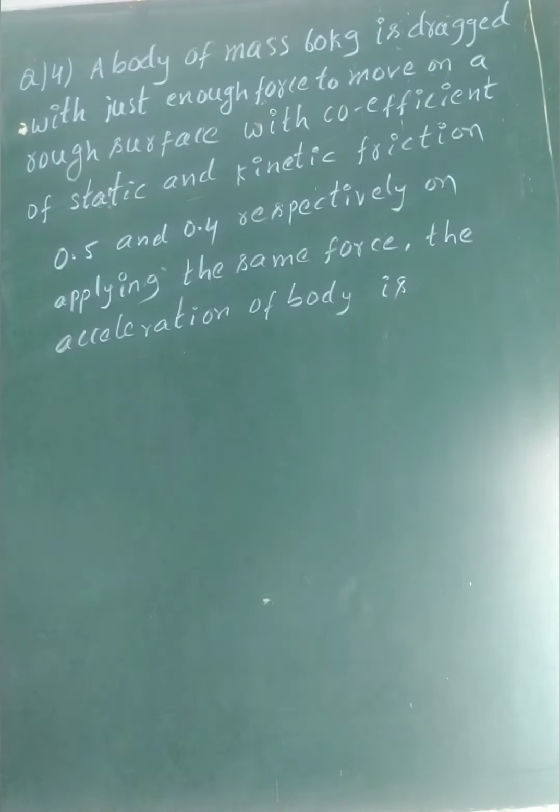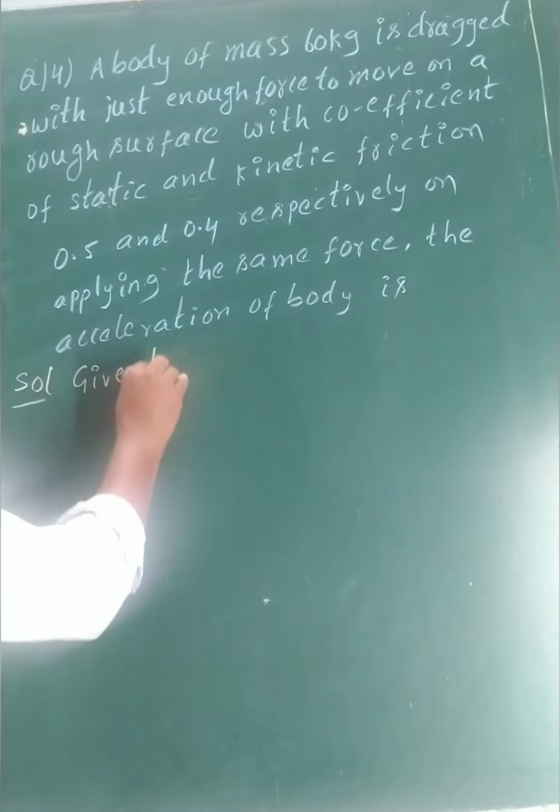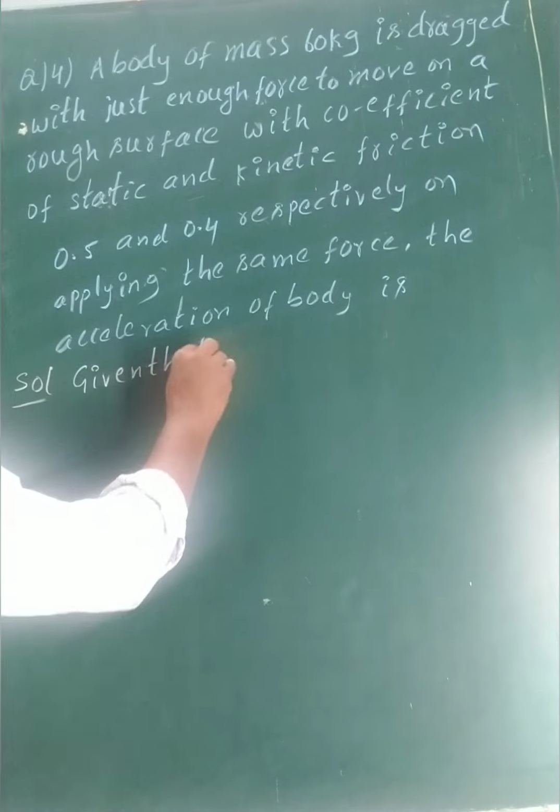A body of mass 60 kg is dragged with just enough force to move on a rough surface with coefficients of static and kinetic friction 0.5 and 0.4 respectively. On applying the same force, the acceleration of the body is? Solution. Given that, what is the given data?